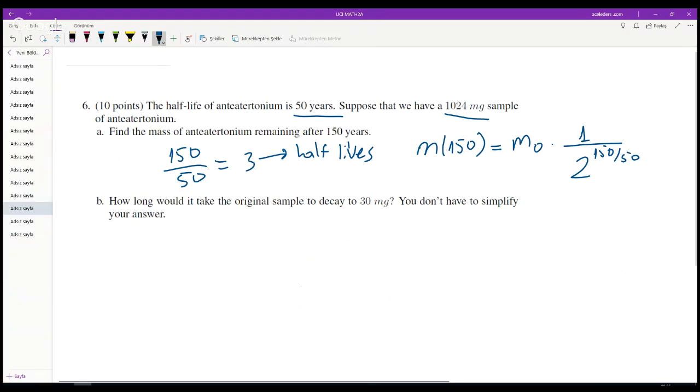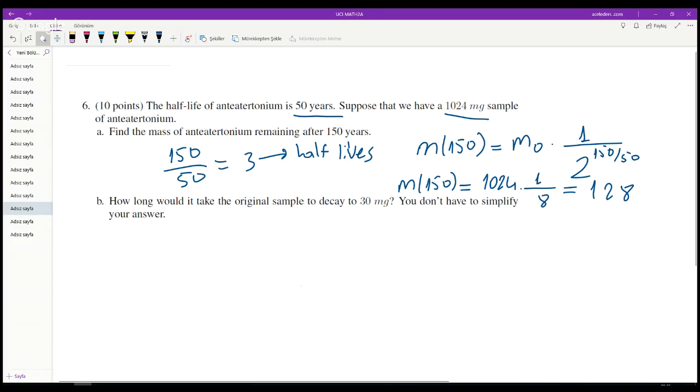So since we have 3 half-lives, we have the new mass, which is the initial mass divided by 2 cubed, divided by 8. So therefore, M, the mass at 150 years, is 1024 times 1 over 8, which is 1024 over 8, 128.